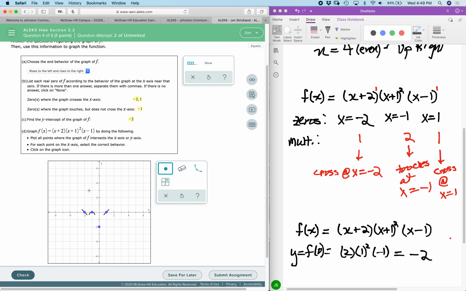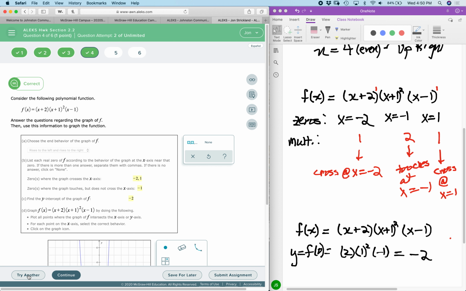Tying it all together, we have the appearance of this particular graph. You have all intercepts for the x and the y. So you have cross, touch, then you have the y-intercept, and once we get to x equals 1, the graph is going to cross. And as we check the result, bingo.